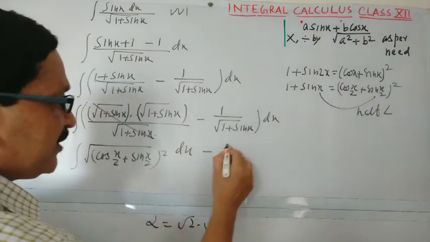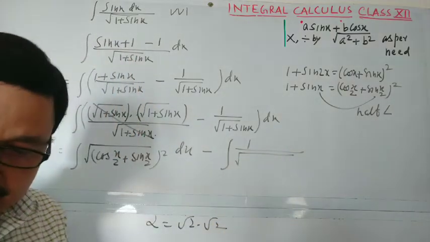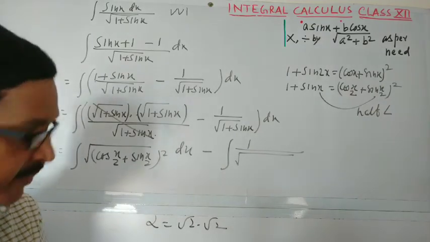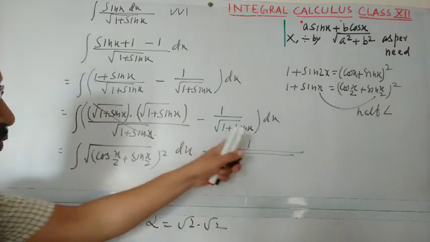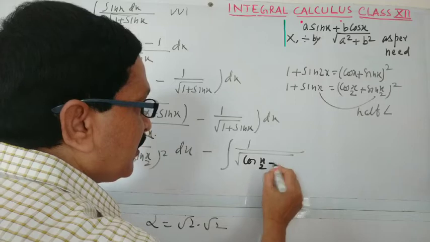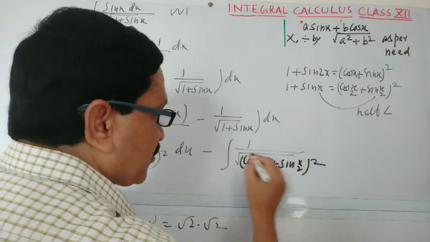You can break it in two parts. The integral is being broken in two parts, no harm. And again, the formula for 1 plus sin x is cos x by 2 plus sin x by 2 whole square.